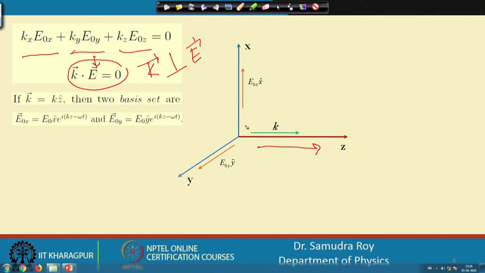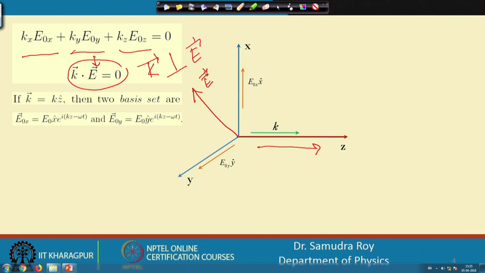x and y. So, whatever the k we have, if it is in the z direction, I will have a perpendicular direction which is in the x and y plane, in the direction of E. We have a general electric field direction which is perpendicular to k.